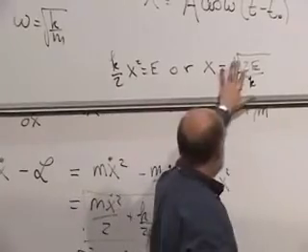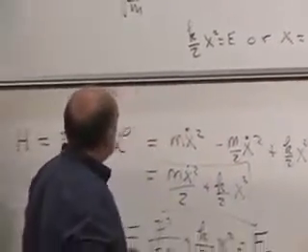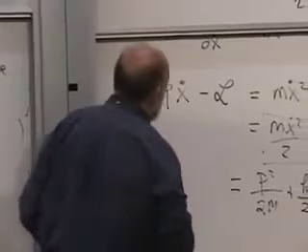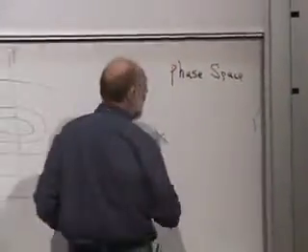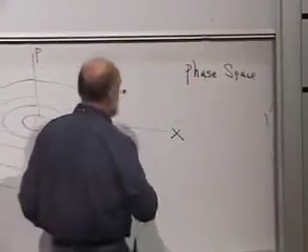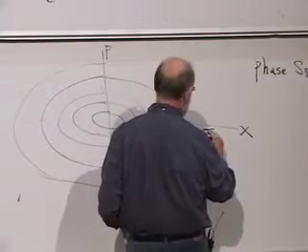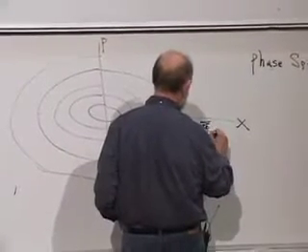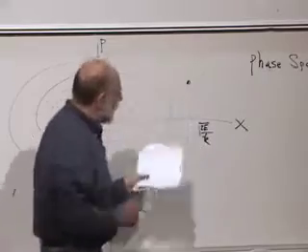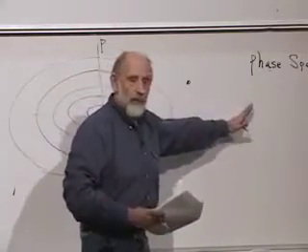Do I have that right? Yes. Okay, so the x-intercept here is the square root of 2E over k. Notice that as E gets bigger and bigger, the intercept moves out.